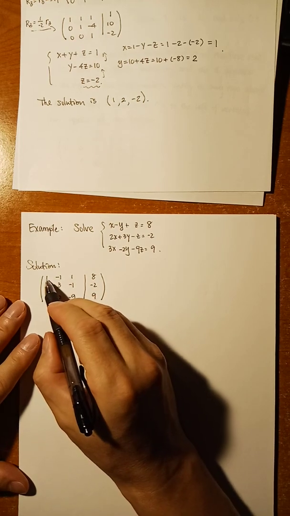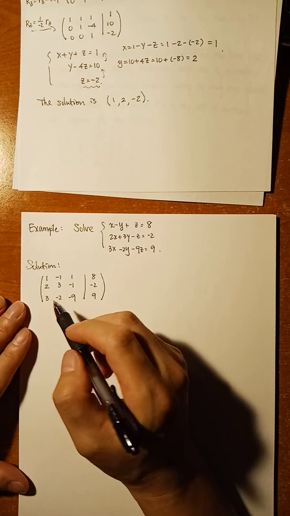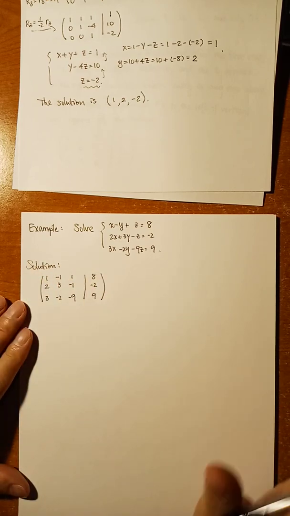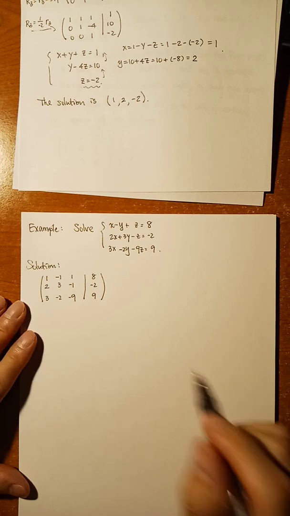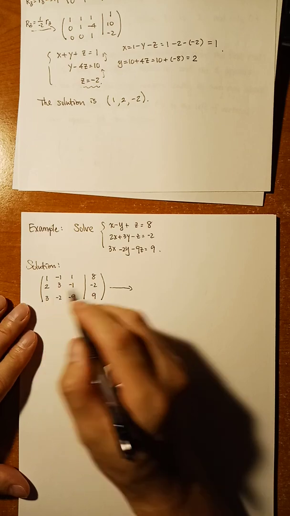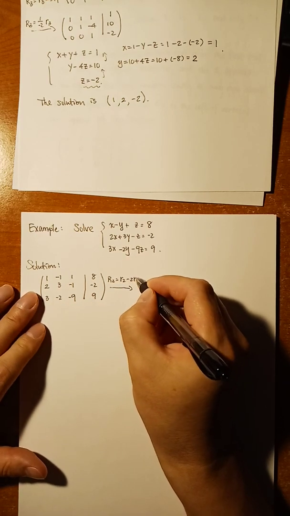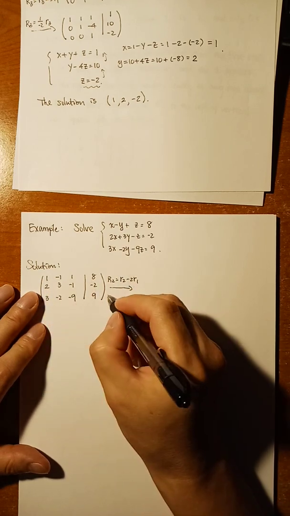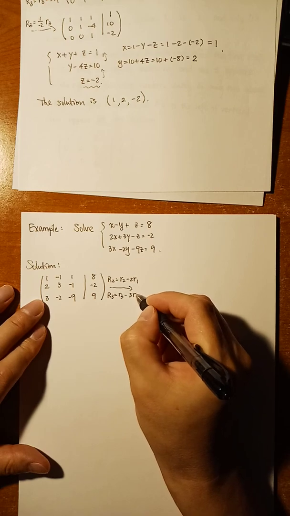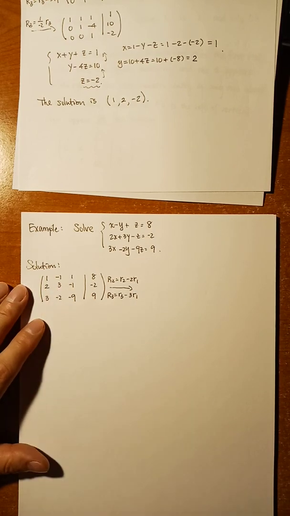Okay, so first of all, this 1,1 position is already number 1, perfect. So we will leave the first row alone. We will not do anything about the first row. And we are going to clear this number 2 and the number 3. So the new R2 is original R2 minus twice R1. And the new R3 is original R3 minus 3 times R1.